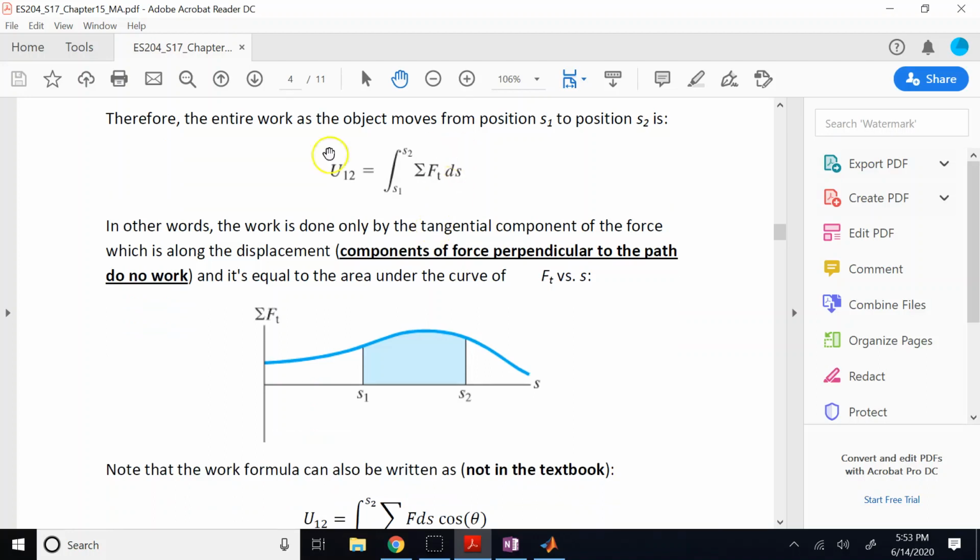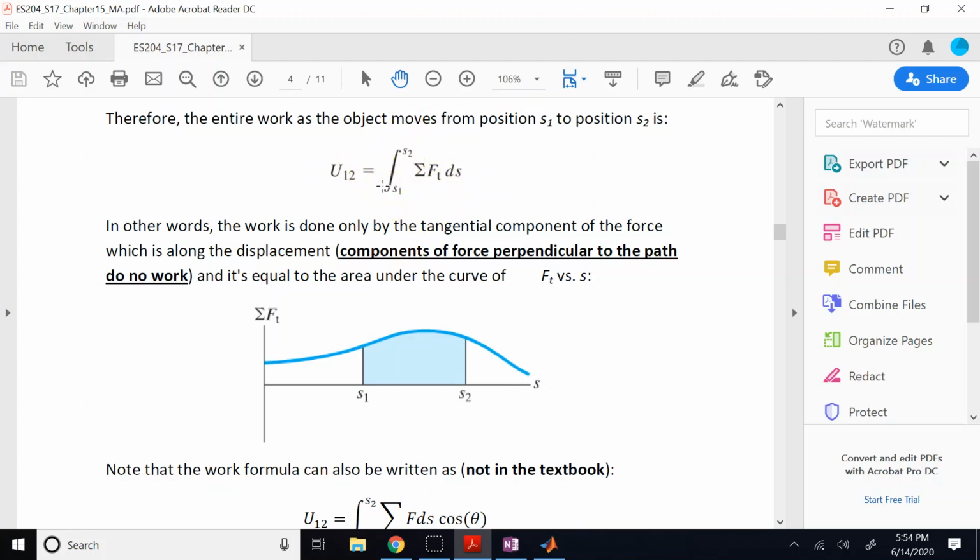The other way that I also want to look at the work is if I could plot my tangent force versus the position of the particle along the path, S. If I could plot Ft versus S, what is work going to be? Since it's the integral of Ft ds, what is an integral mathematically?